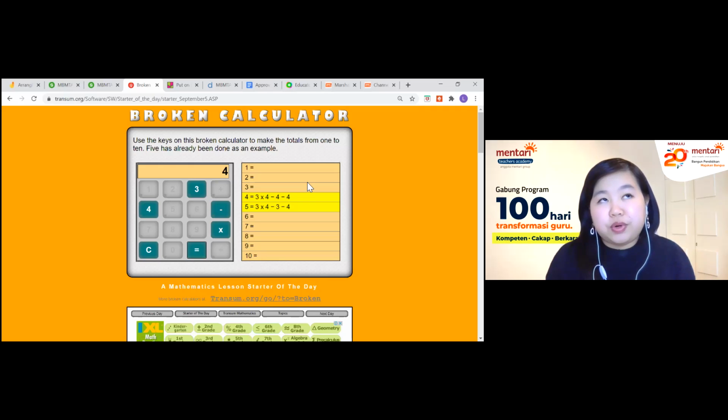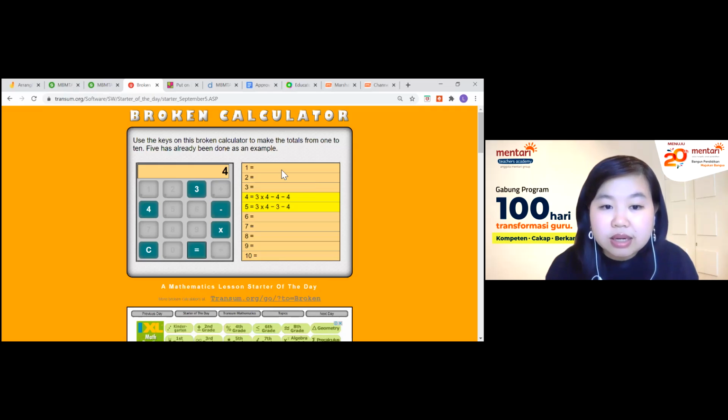Of course, another point of encouragement that you can share with your students is that when you are doing this kind of activity and someone has just found the answer to 4, there could be another way to find 4. So it should not stop you from trying a different way to get a 4. Oh, I see there's a couple of answers here.